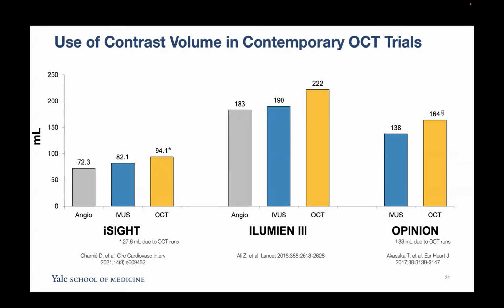So one thing I like to reinforce is that many times we are mindful about the amount of contrast that we use for OCT, but we forget how much contrast we use just for angiographic guidance. So be mindful of contrast in general, and optimize the moments and the technique when you're using OCT, and then you are going to add much less contrast than you imagine, as compared to an angiographic-guided procedure.